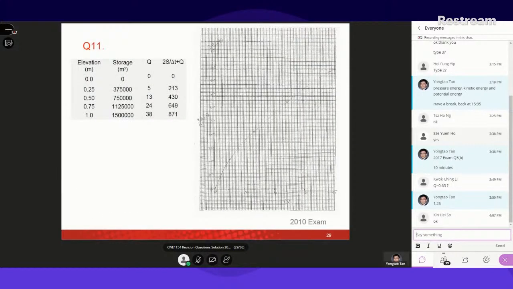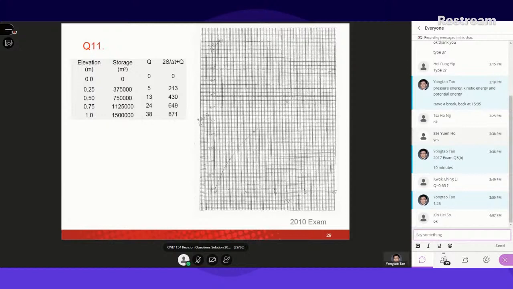Firstly, we need to find the reservoir properties. We list them in a table first: elevation, storage, Q, and 2S over delta T plus Q. Why do we need a table?